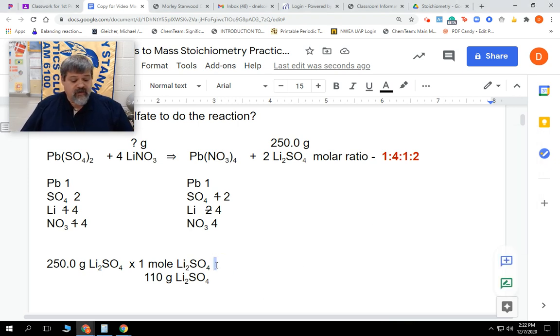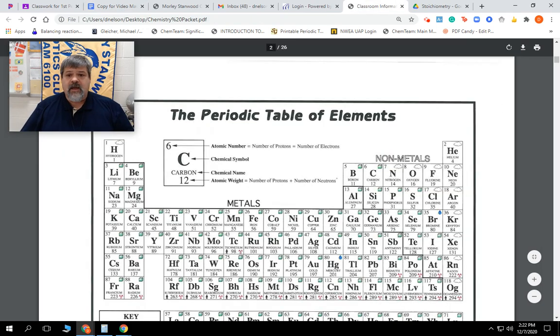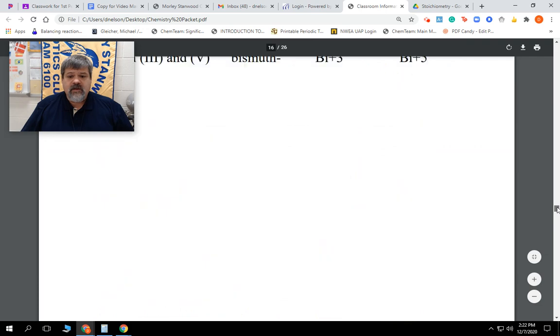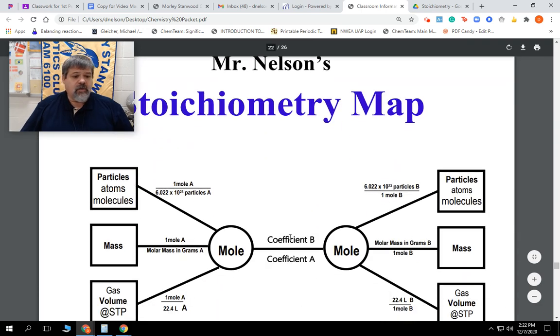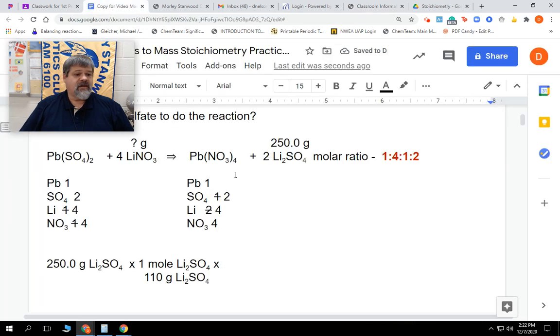So again, once we get back over here, we're going to multiply this, and now we're going to use our molar ratio. So if I go back to my stoichiometry map, and again, I always want you to take a look at that stoichiometry map because it helps you out. Here we're going to do coefficient A, so whatever I have on top goes on bottom, and that's going to be moles. We have moles of lithium sulfate on the bottom, so we put the same thing there, but I have to use my molar ratio.